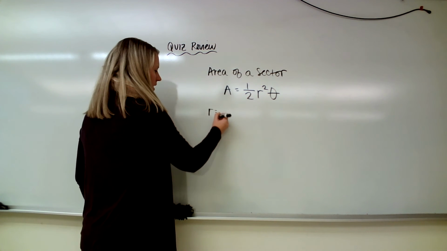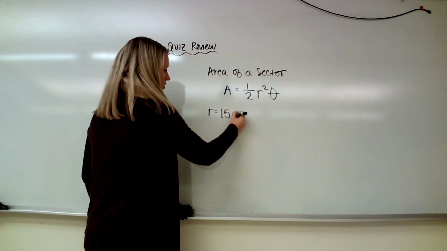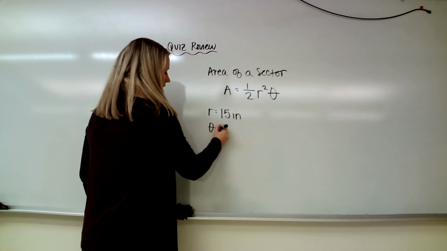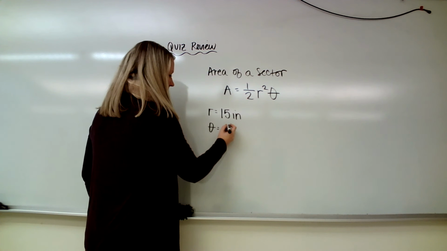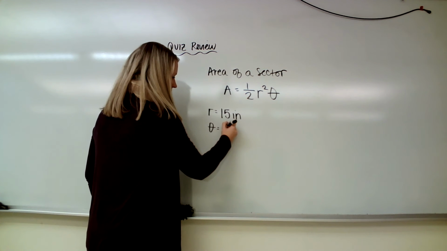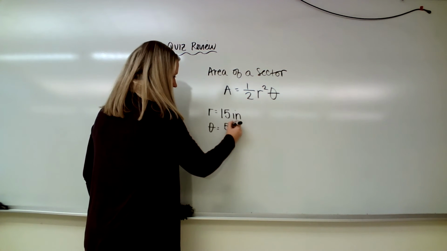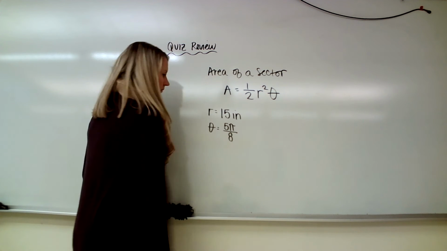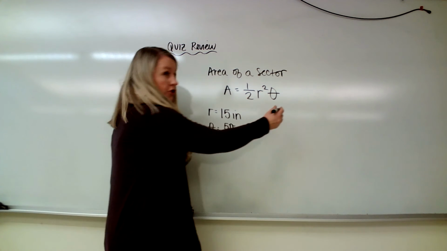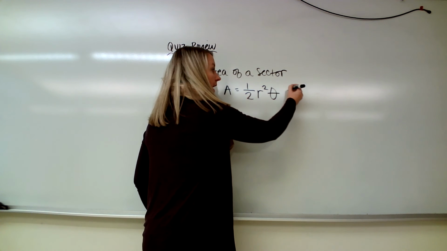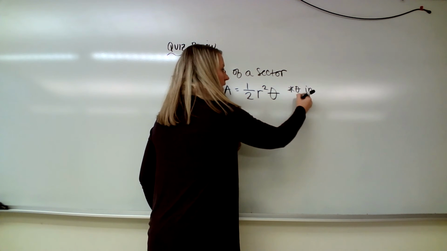Let's say R equals 15 inches and theta equals 5 pi over 8. Now this one, I should mention, theta has to be in radians.